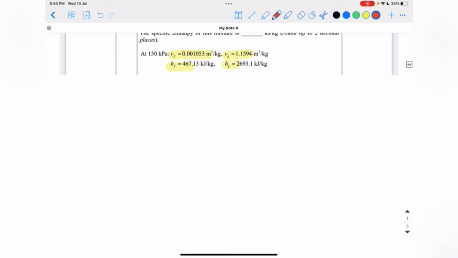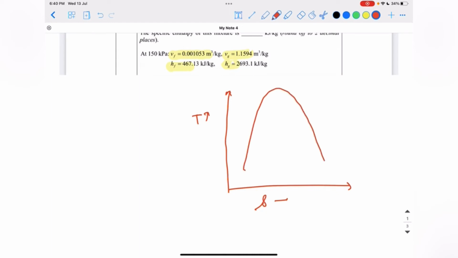So let us understand the concept. If I draw the TS diagram, we obtain a curve like this. This point is a saturated liquid point and this curve is a saturated liquid curve. Similarly, this is a saturated vapor point and this curve is a saturated vapor curve.